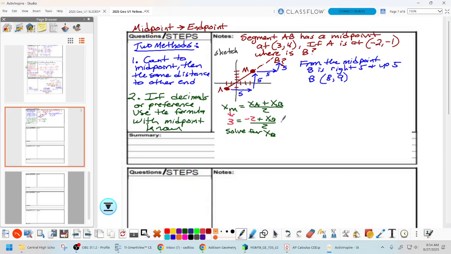It's just the basic algebra skills of getting rid of fractions. So we get 6 equals -2 plus xb. Add 2, and we get 8 for xb. So that's the very logical, very algebraic plug-in, solve through. Again, if I give you one with decimals, you pretty much have to do it this way. Maybe, depending on what decimals I give you. Okay?